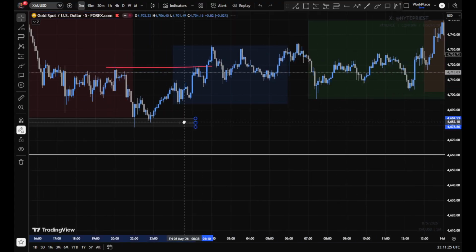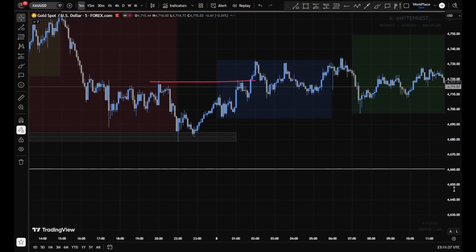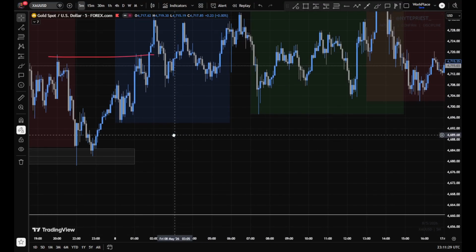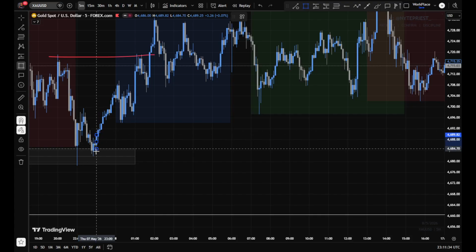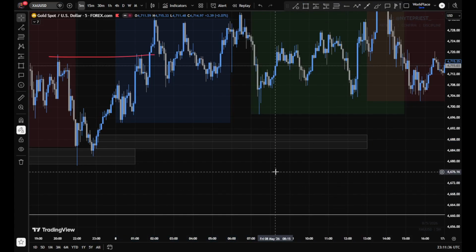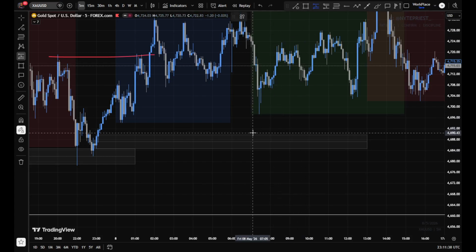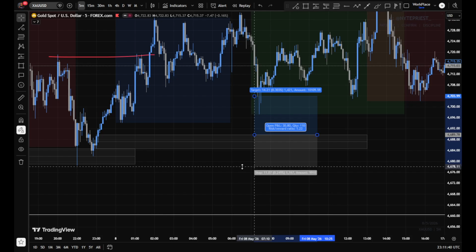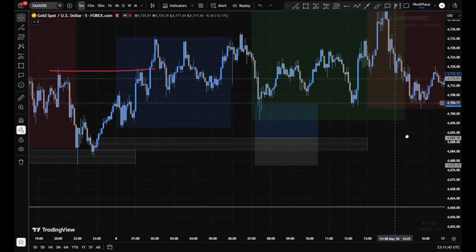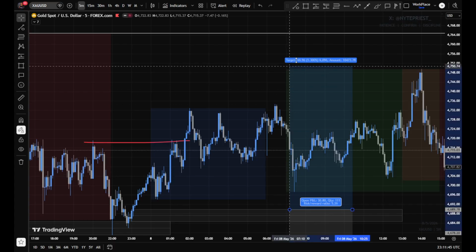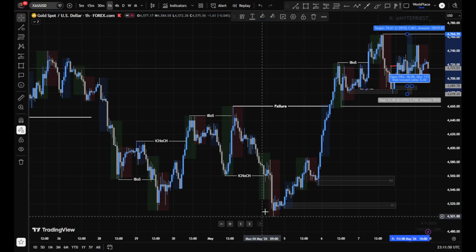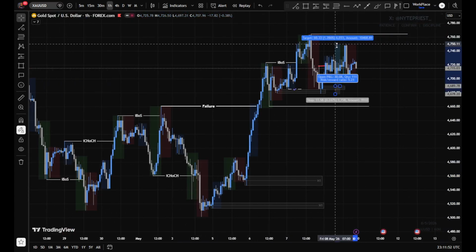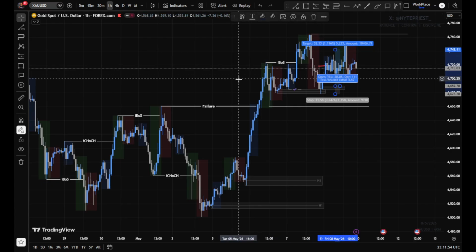Okay. And then after that internal break to the upside, on the 5 minutes time frame, I was waiting for price to give a deeper pullback to mitigate this zone, and then I buy to the upside to break this zone, or target this H1 supply, which will give a reaction to the price.